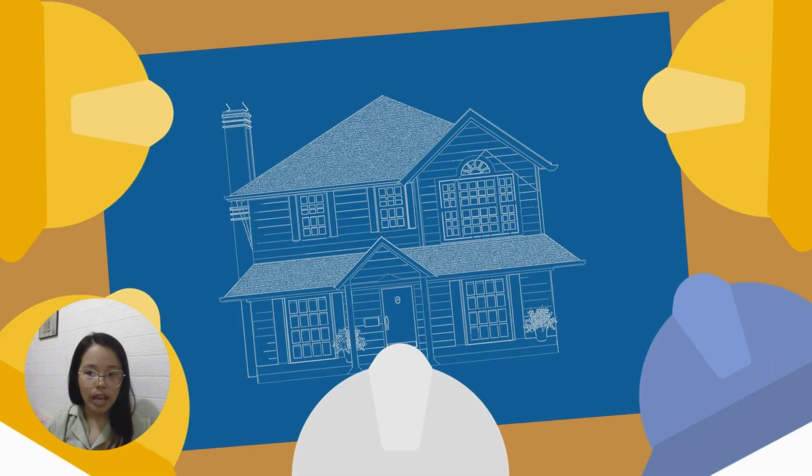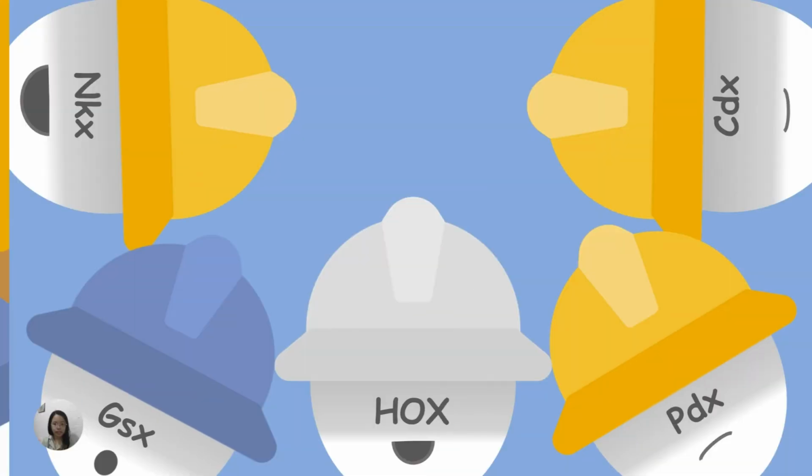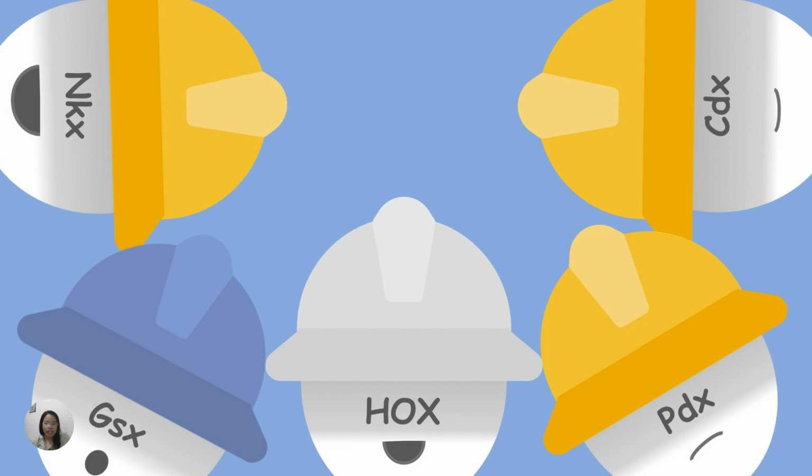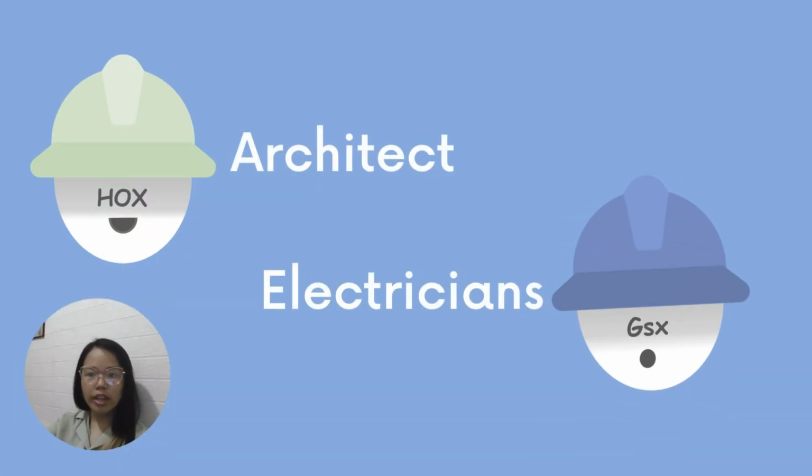Let's say an organism represents a house, and of course, a house needs a team of people to build it. These genes are like different teams of people in charge of different parts of the house. The architect would be the Hox genes, who plan and design the layout of the house. They oversee how the house is coming along and if everything is going according to plan.